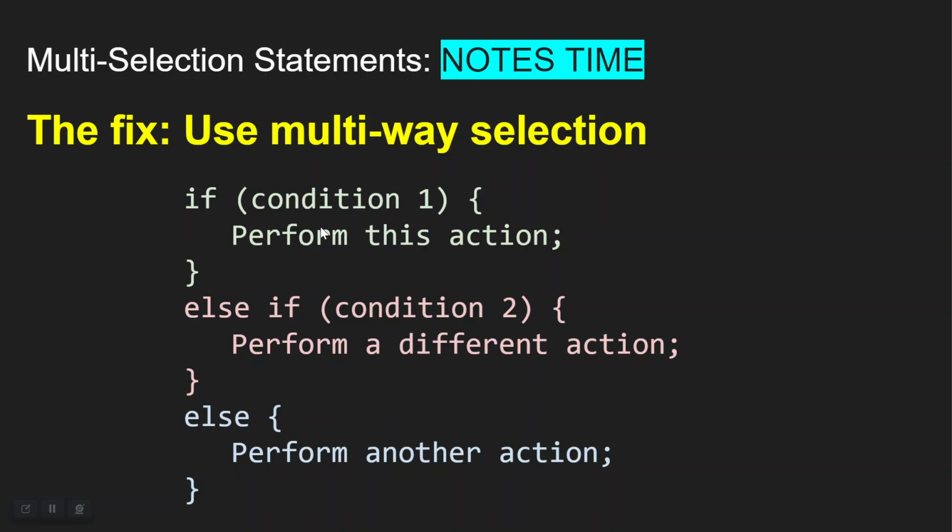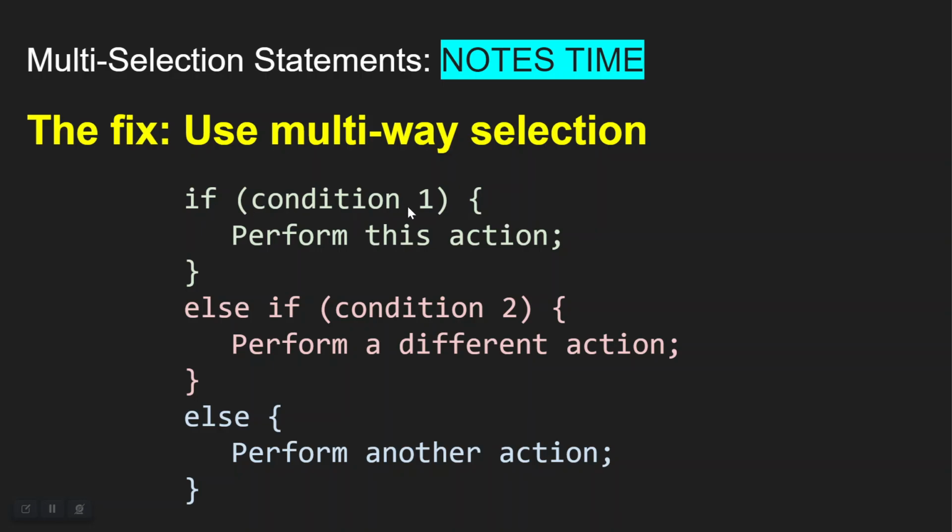And the way it works is it'll check if this condition is true. And if it does, it's going to perform this action and then skip everything else. And then if it doesn't pass this condition, then it's going to check this one, and it's going to see, well, will this condition become true? And if it does, it will perform everything that's here and skip everything else that's down here.